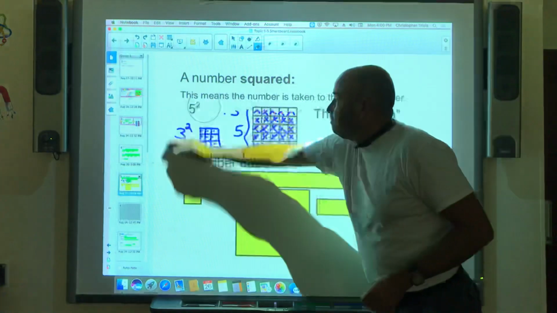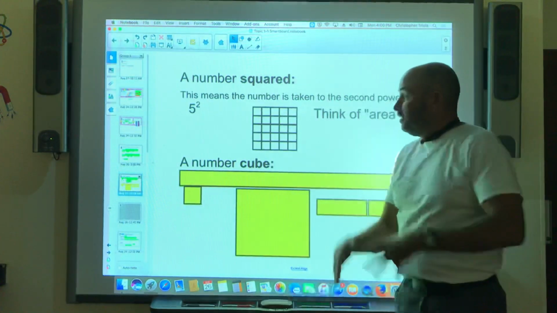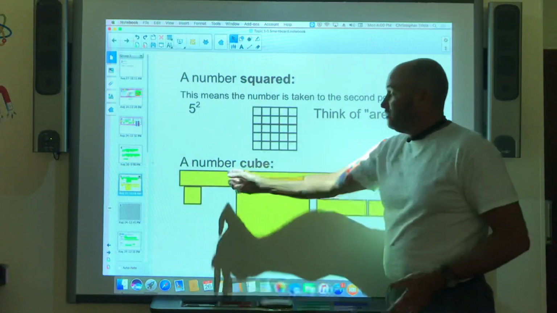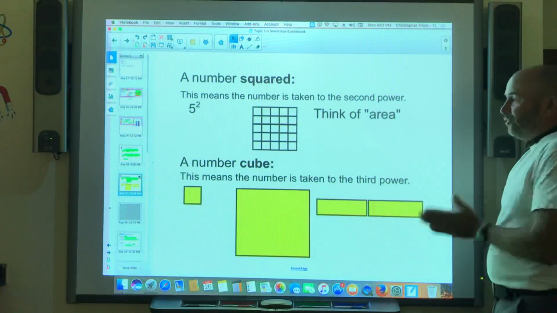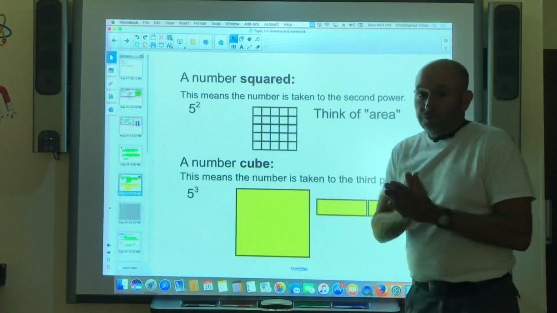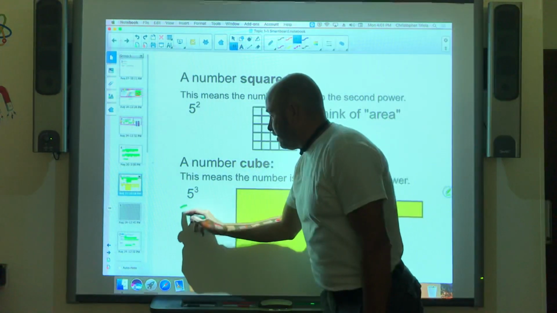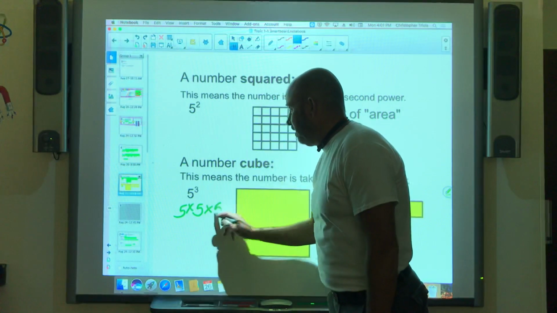All right, so now that we know what they mean by a squared number, suddenly we can talk about a number cubed, okay? This means the number is taken to the third power. For example, 5 to the third power, okay? At this point, we should know that we're talking about 5 being used as a factor 3 times, okay?